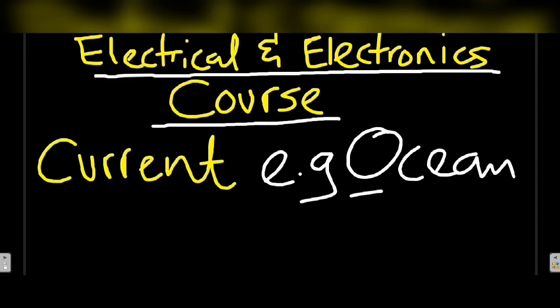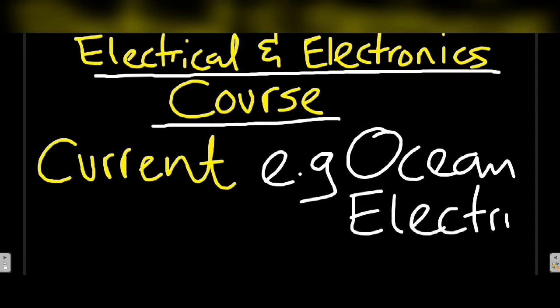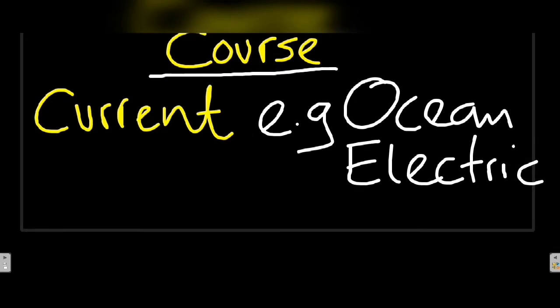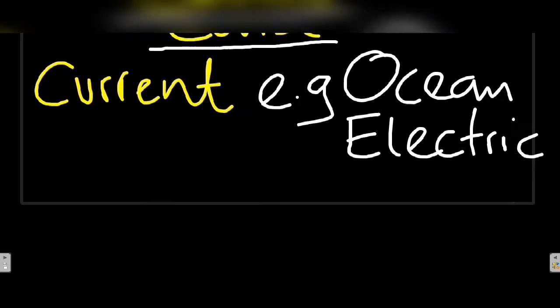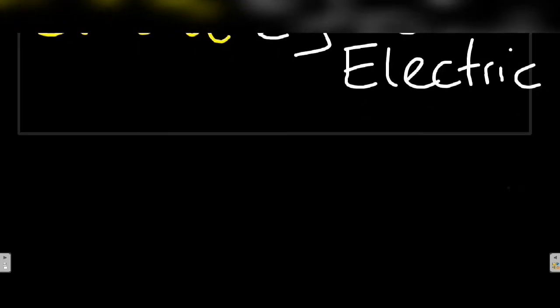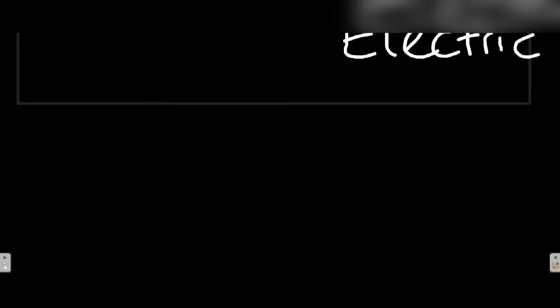We also learned of electric current. Now our focus in this course is electrical, or rather electric current. This is how we are going to start this course. So now, what is electric current?